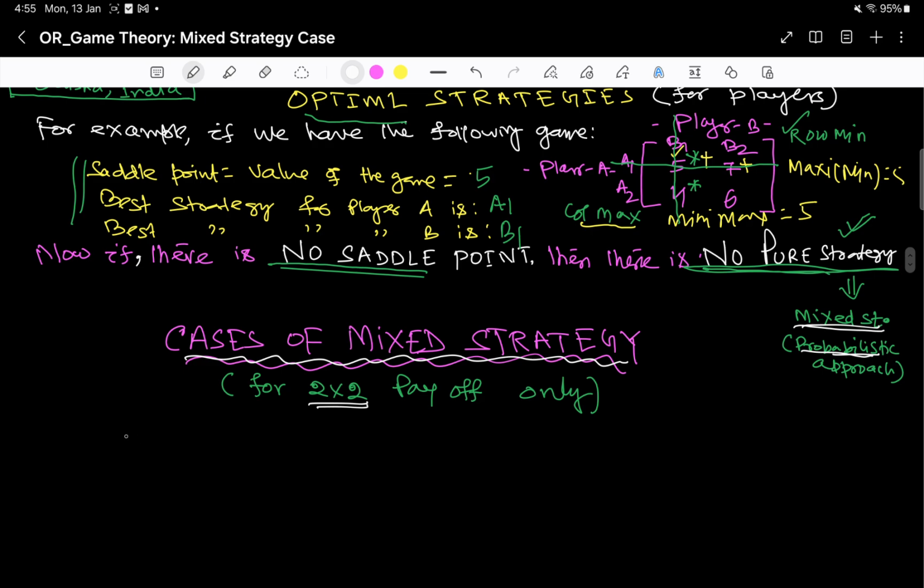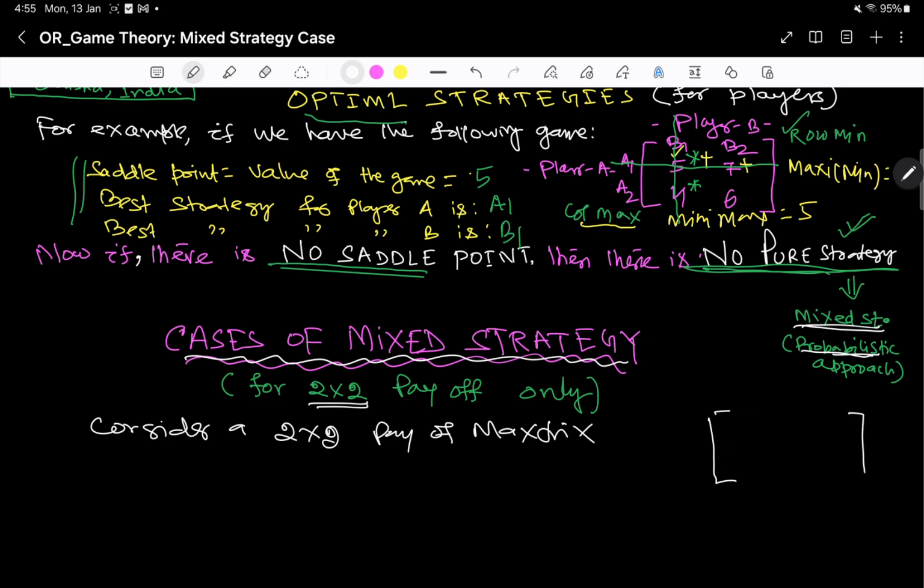So in this case, we consider a 2 cross 2 payoff matrix. Suppose the matrix is like this: A11, A12, A21, A22. This is my player B with strategies B1 and B2, and this is my player A with strategies A1 and A2.